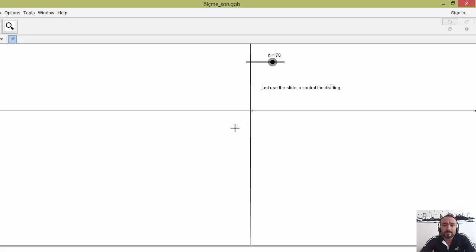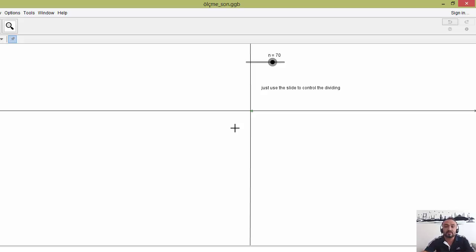Of course, you may work in a real environment, as I said at the beginning of the video, but for this task, you cannot use a real ruler, because when you use a real ruler, maybe you estimate, yes, I measured the diagonal.